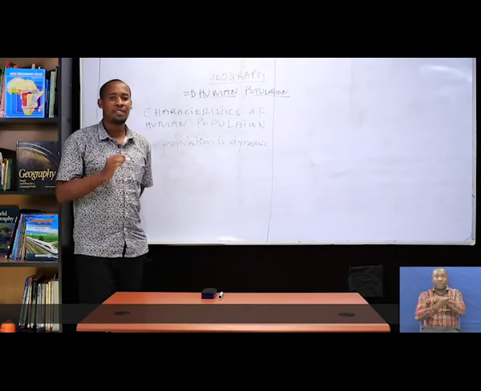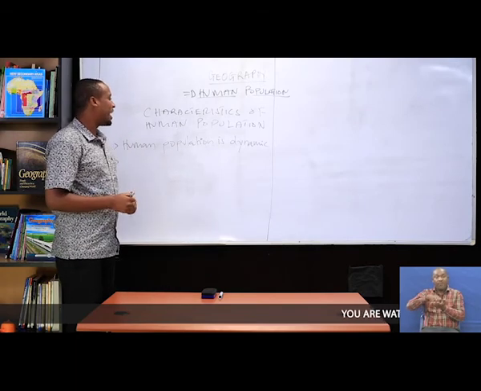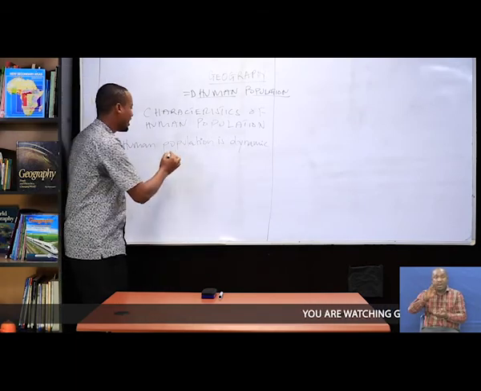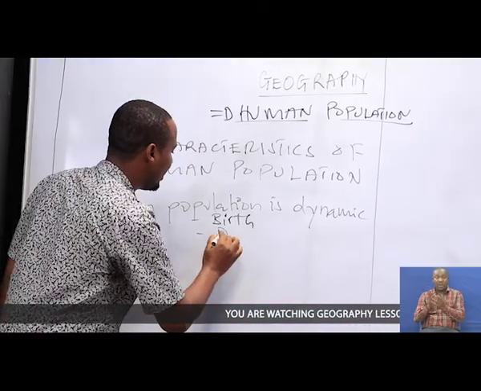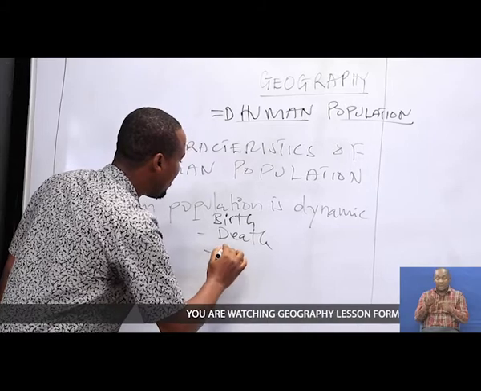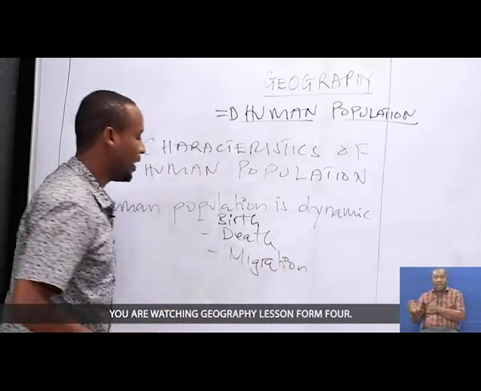We have some variables that make human population change. I said these variables are birth, death, and migration. So we have these three main aspects.